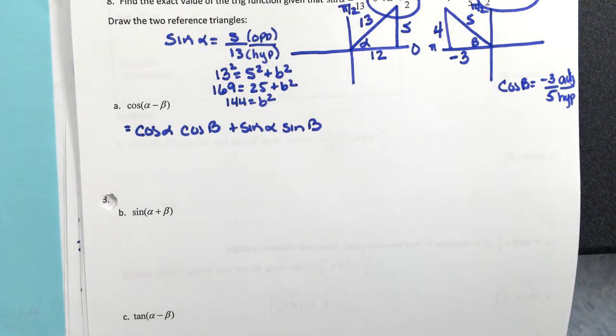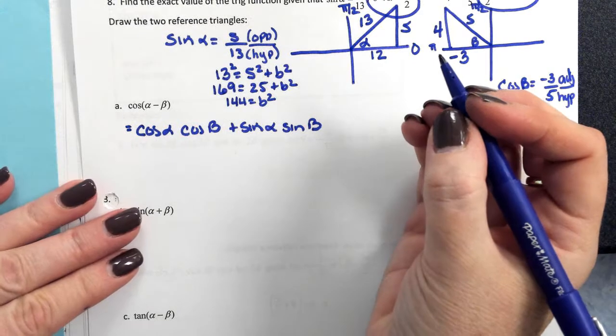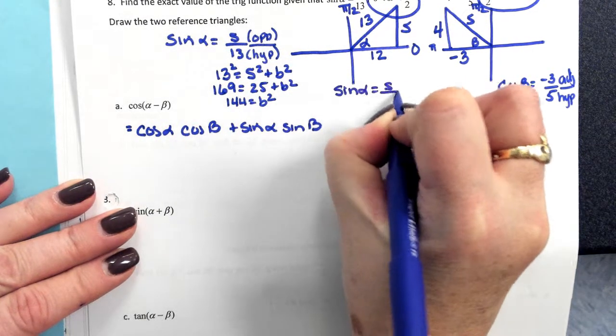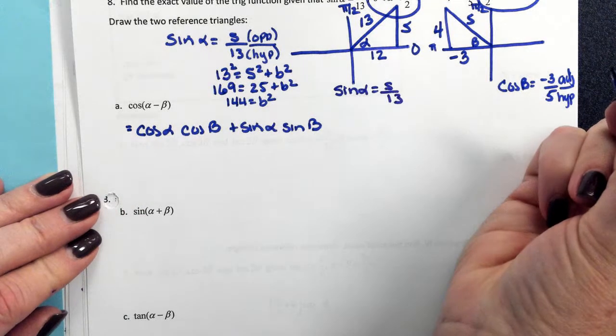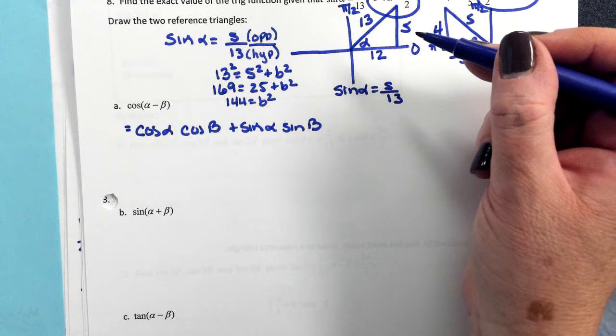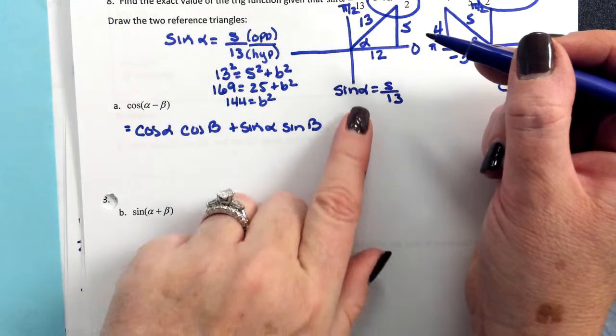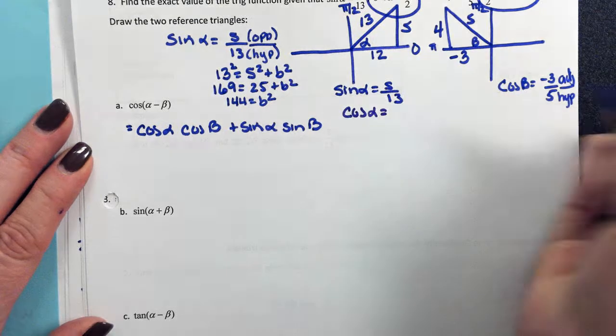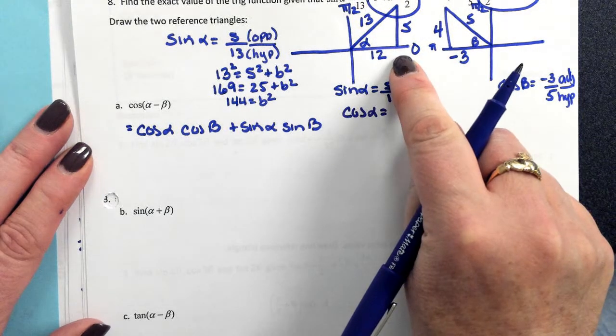So now, ladies and gentlemen, what I usually do before I start substituting, I know that the sine of alpha is 5 over 13. What I do from this triangle is I set up the sine, the cosine, and the tangent ratios. So sine of alpha is 5 over 13. Now looking at this alpha triangle, what is the cosine ratio going to be?